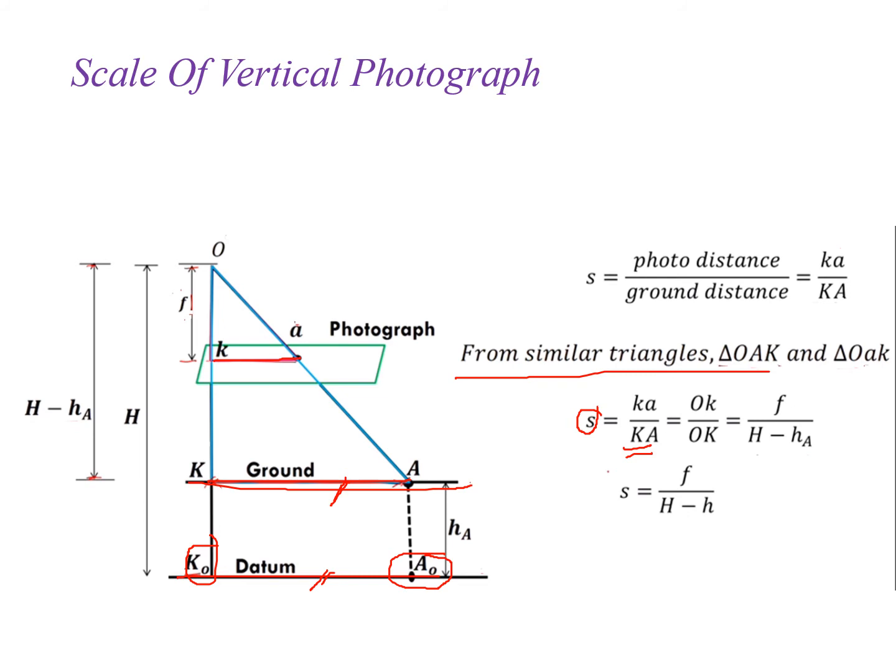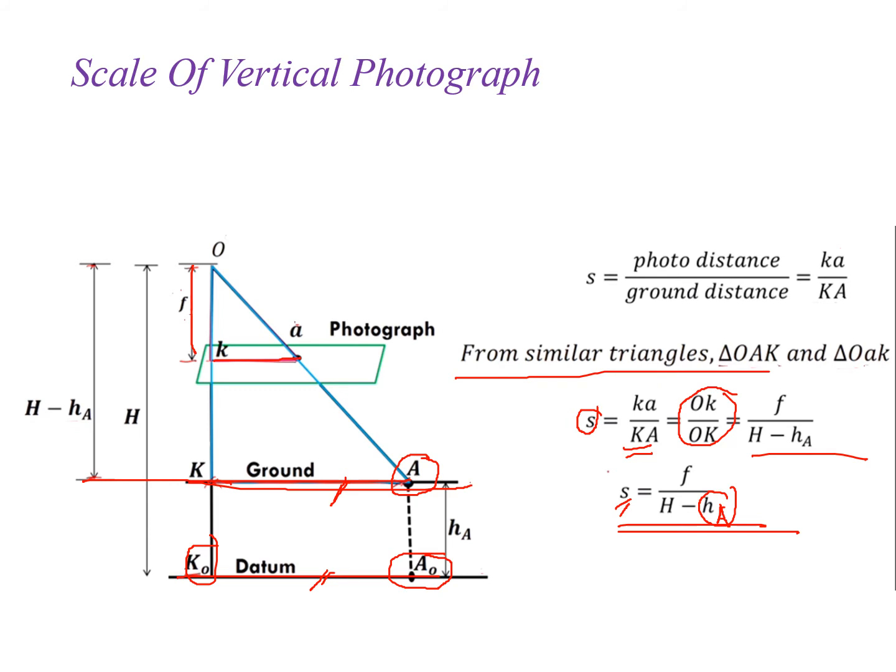So this ratio is, vertically, f, and now here it will be not H but H minus ha. Because we know where the ground point is exactly, from this the scale of a vertical photograph can be calculated as f upon H minus ha. Simply, if you know the elevation of any point, this is actually ha.